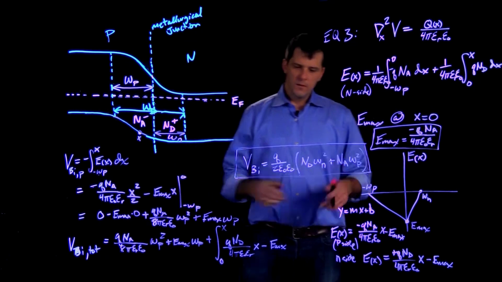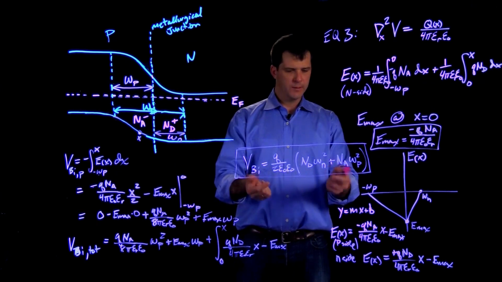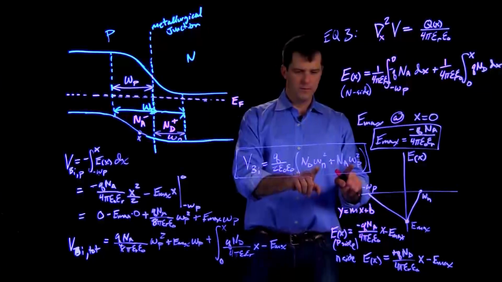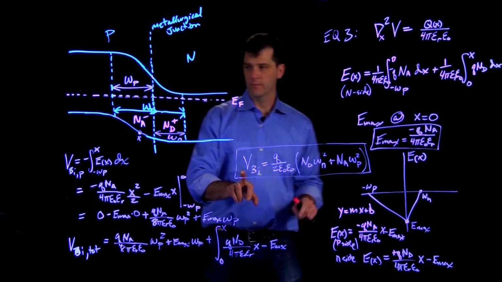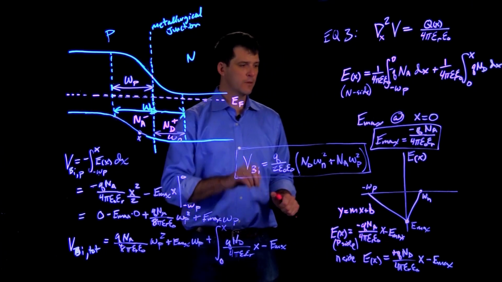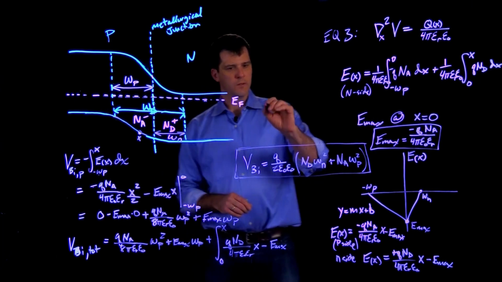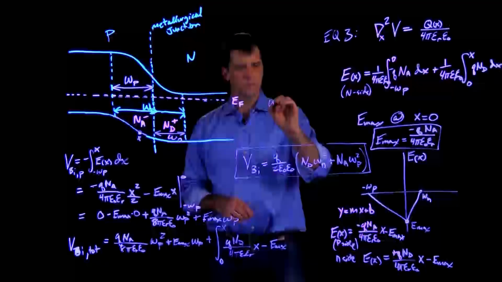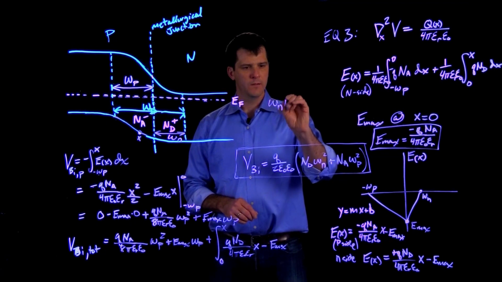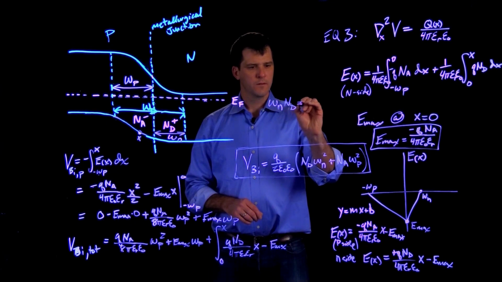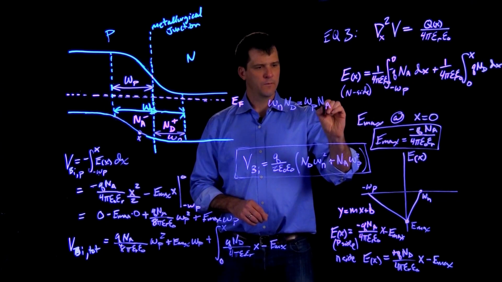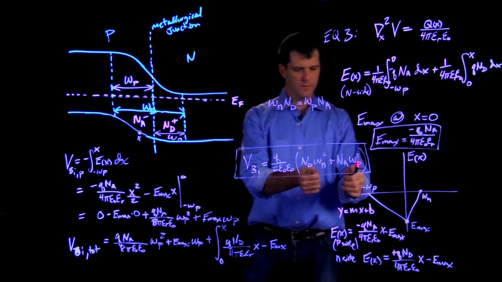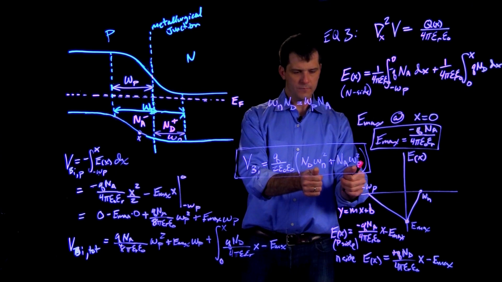Now we have an expression that relates the depletion widths on the n and p sides to the built-in voltage. Our second equation, remember, was that Wn Nd has got to equal Wp Na. So now we know how to relate these two parts to each other.